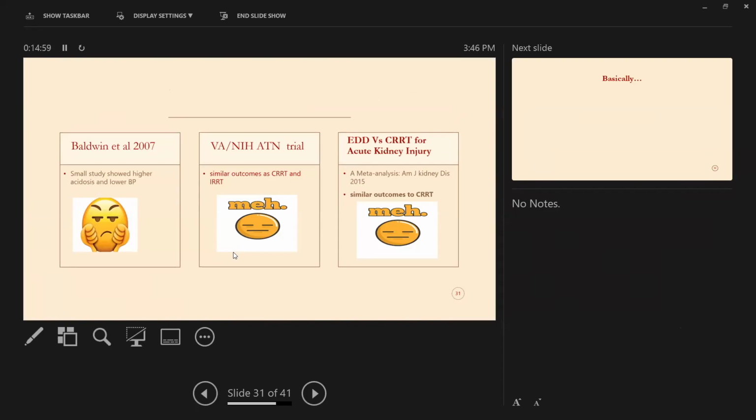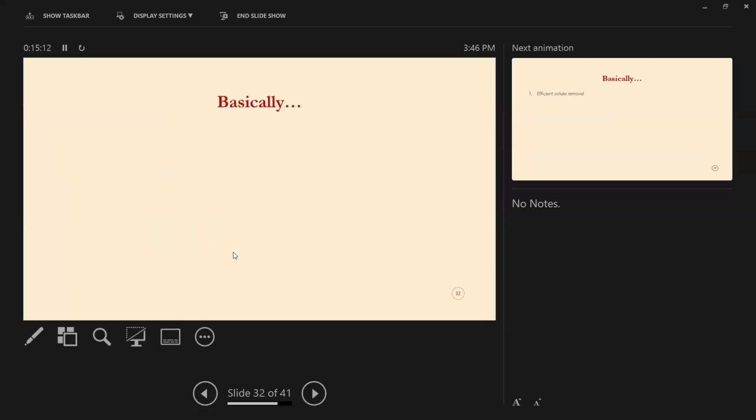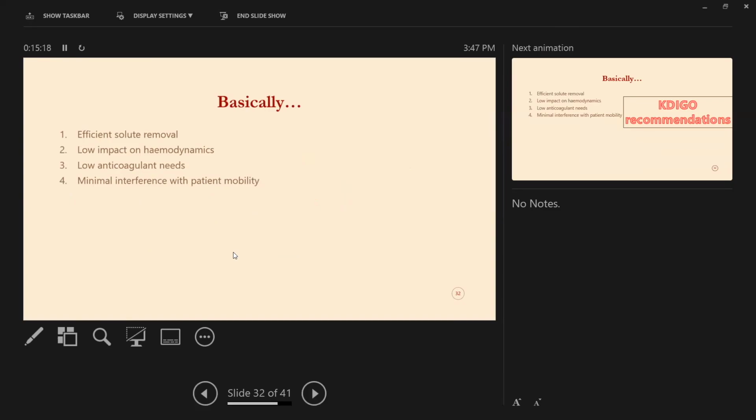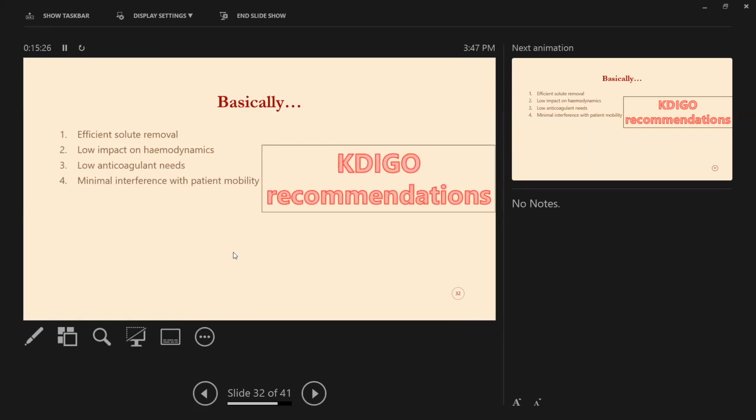Also the VA/NIH ATN trial had similar outcomes compared to CRRT and IRRT. Also EDD versus CRRT for acute kidney injury shows similar outcomes to CRRT. So basically SLED is efficient in solute removal, has low impact on hemodynamics, low anticoagulation needs, and minimal interference with patient mobility.